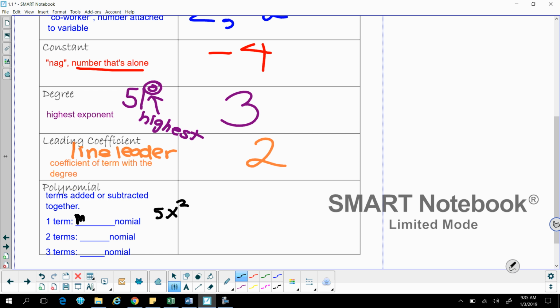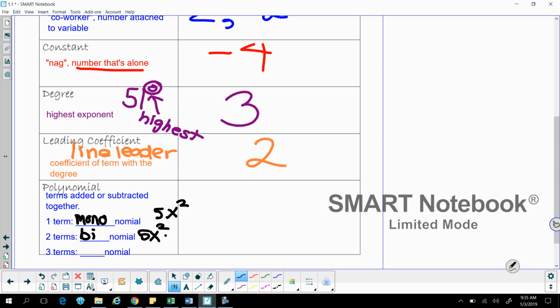So one term would be mono. That's going to help you with SATs, ACTs, those words are used all the time. Mono means 1, so monomial is 1 term. What's 2 terms? Starts with B. Bi, good. Bi means 2, like bicycle means 2 wheels. Binomial just means 2 terms.